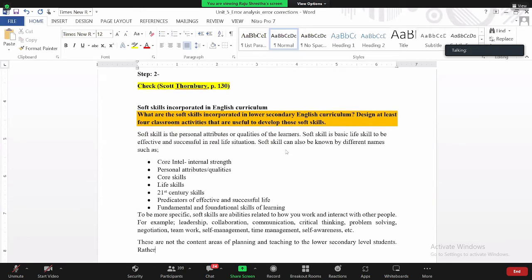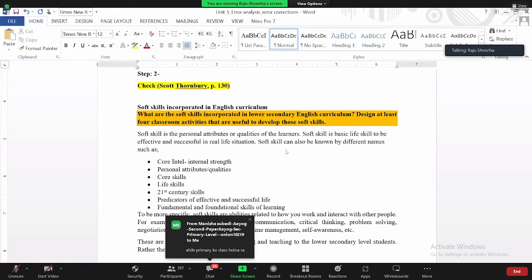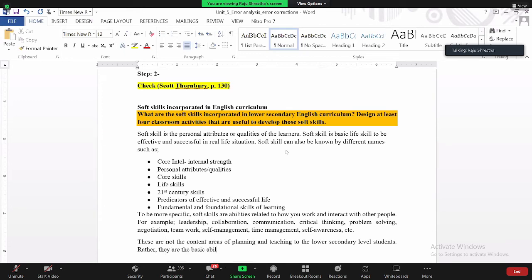Rather, they are the basic abilities developed as a byproduct after planning and teaching language skills and aspects.